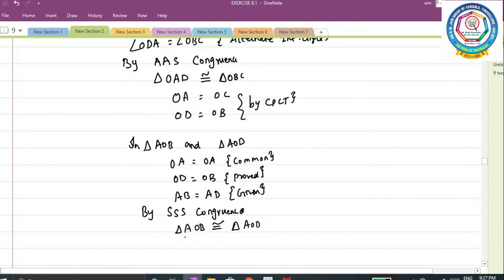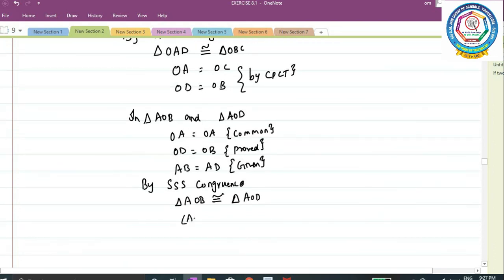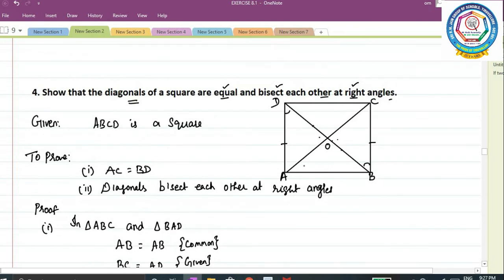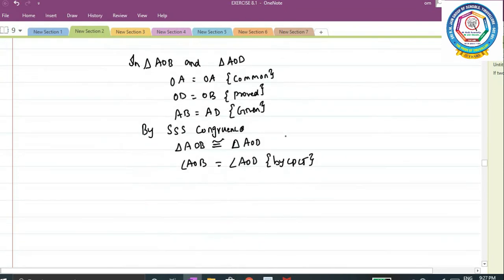By CPCT, angle AOB equal to angle AOD. So next one I am going to take AOB plus AOD is equal to 180 degrees. It is a linear pair.